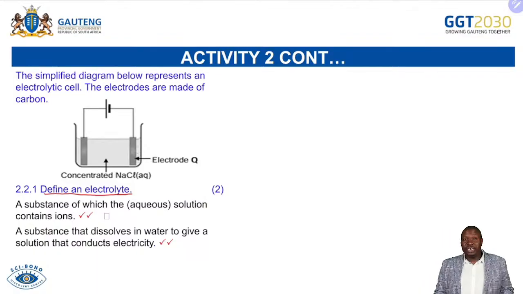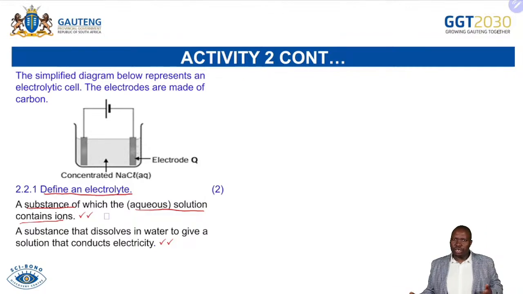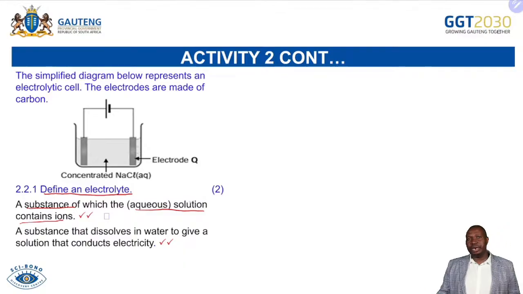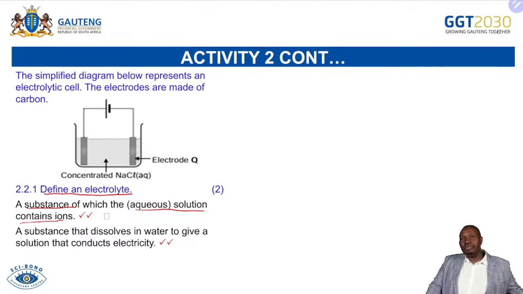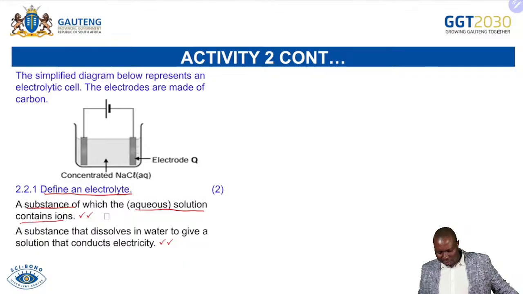But this first one, I find very easy because you are simply saying the aqueous solution contains ions. Aqueous is even in brackets there to show that you can just say a solution that contains ions. Remember, it's up to you, whichever you find much easier, enjoy. But those are the 2 definitions of an electrolyte from the exam guideline, and whichever you write will definitely be marked correct.